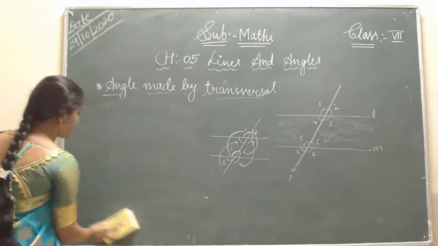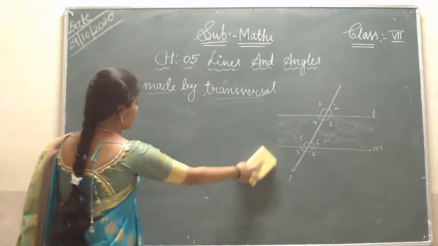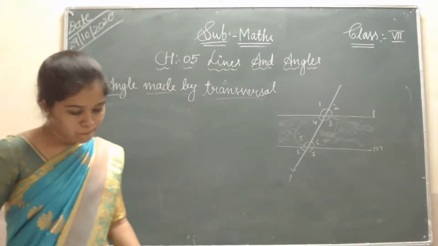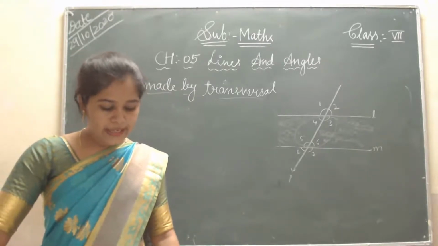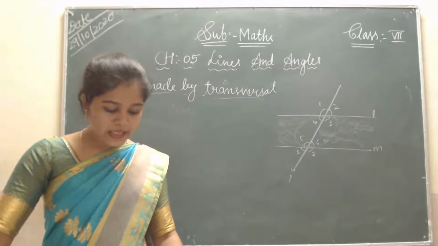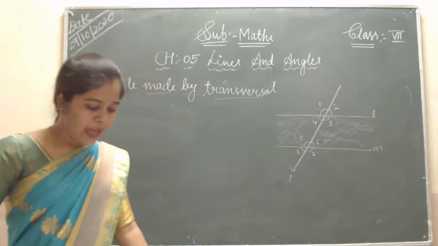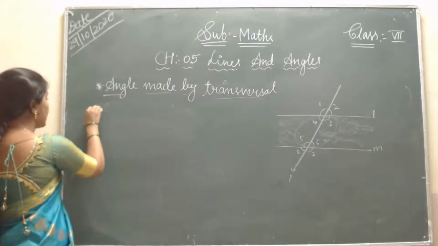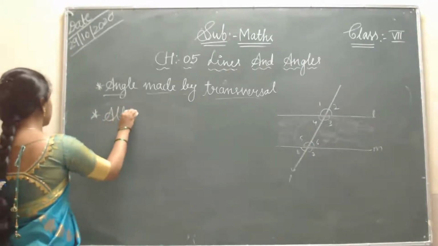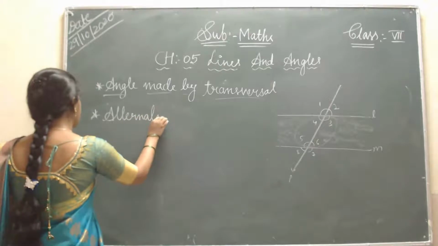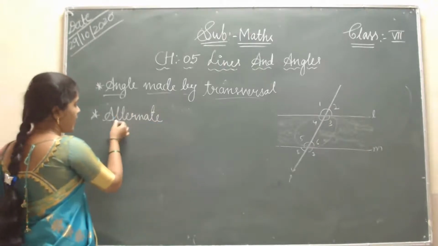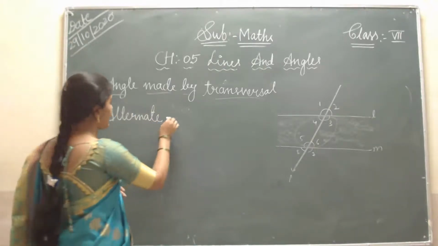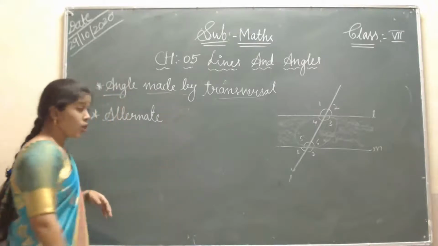Next, interior alternate angles. First we'll see what an alternate angle is. Alternate is one by one, like Kho Kho.